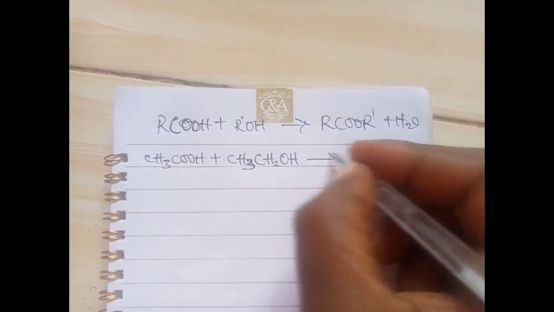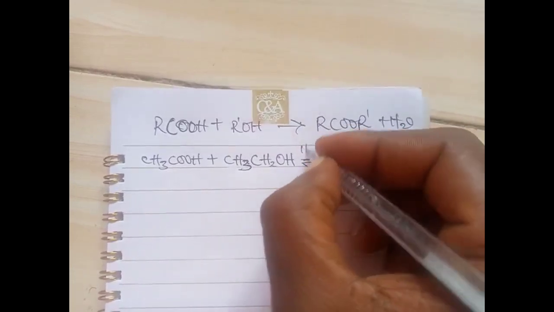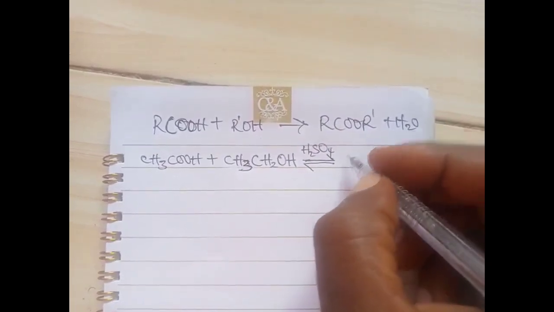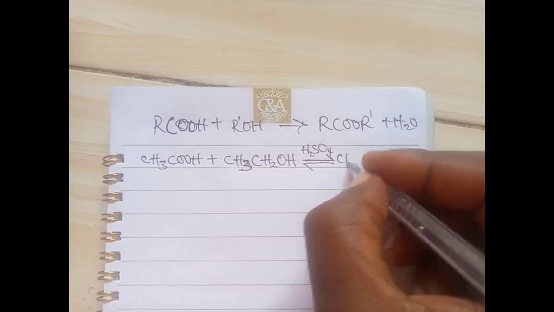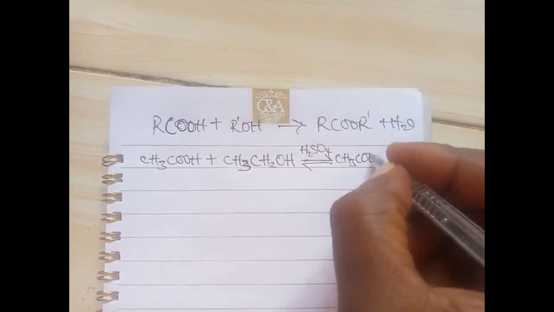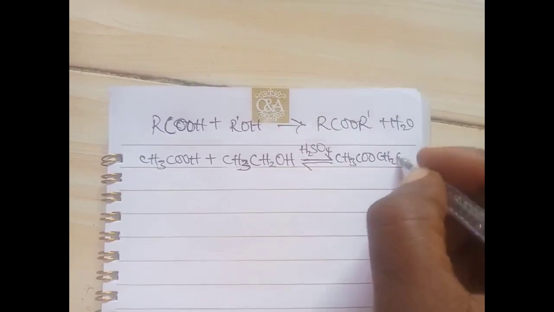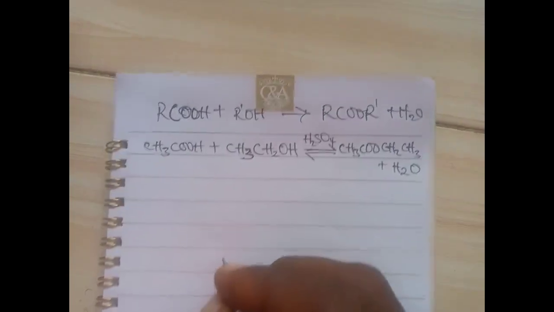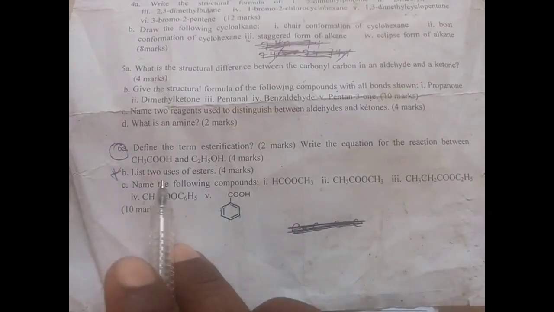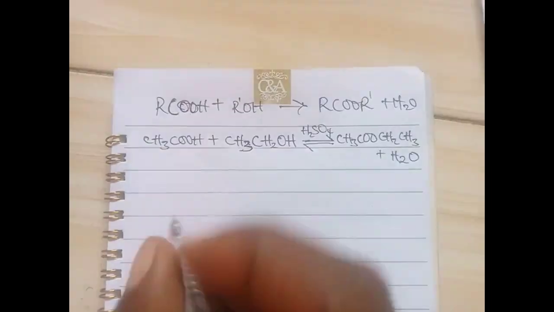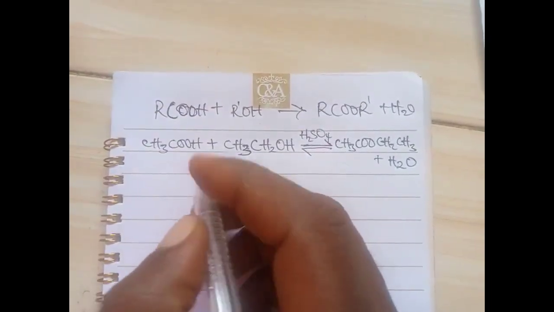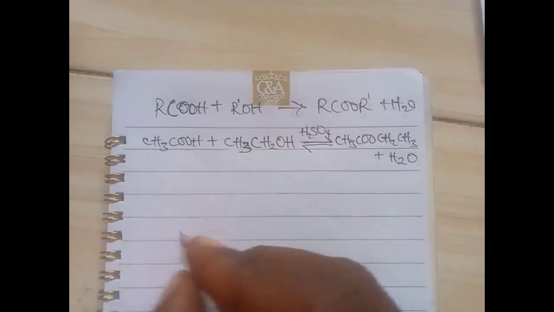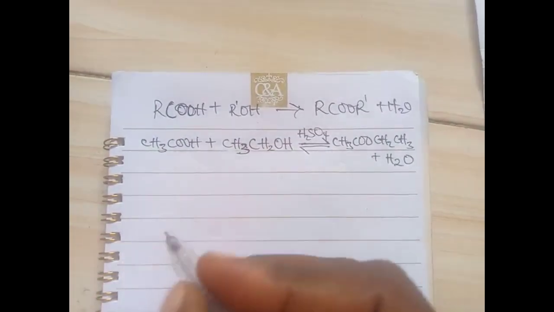It will happen in the presence of concentrated H2SO4, to produce ethyl ethanoate and water. The next question says list 2 uses of esters. Now, esters are used as solvents for cellulose, gums, oils, and so on. The next one is also used in the making of artificial flavors.